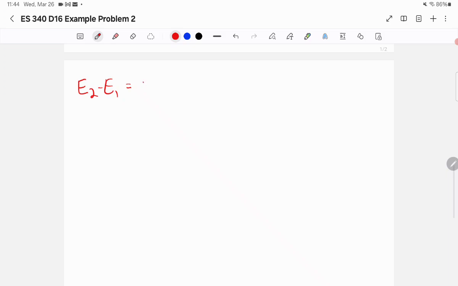E2 minus E1 is going to be equal to M times U2 minus U1, plus P0 times V2 minus V1, minus T0 times S2 minus S1.